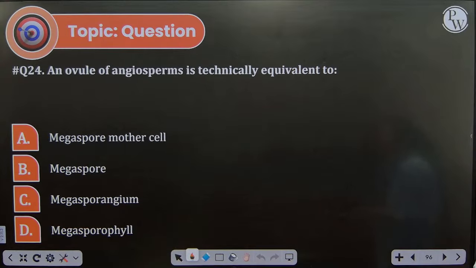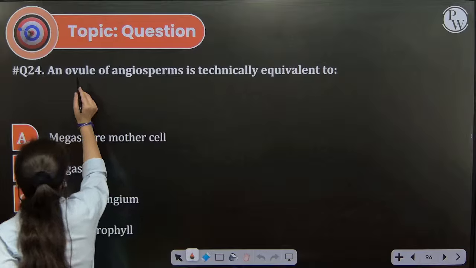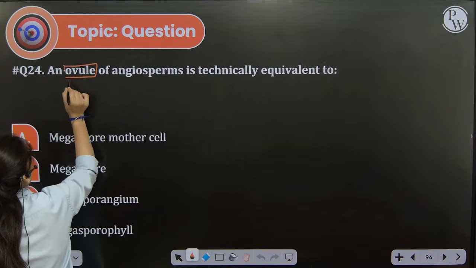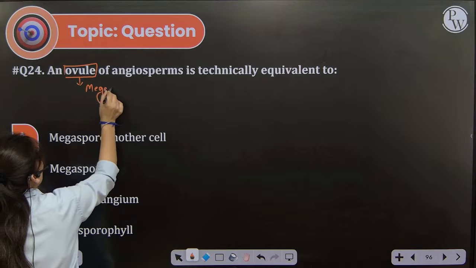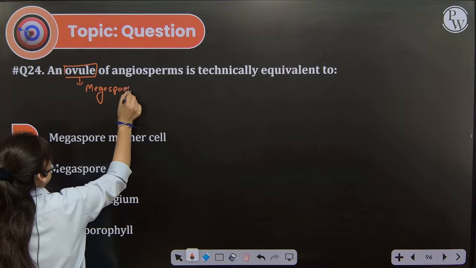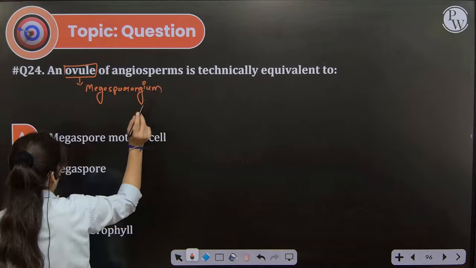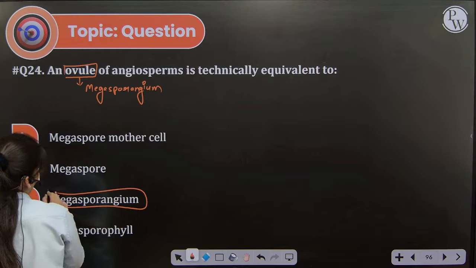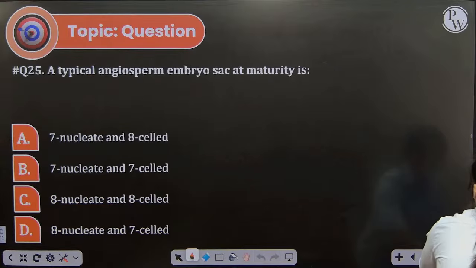An ovule of angiosperms is technically equivalent to, ovule is also known as megasporangium. So the correct answer is C. Option C is correct.